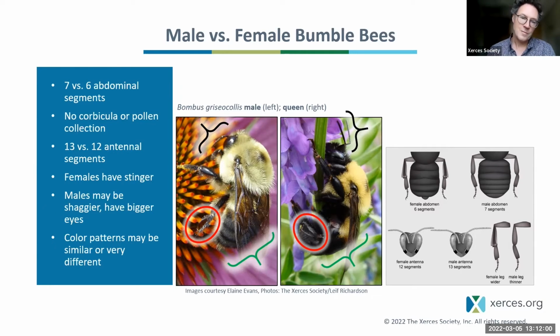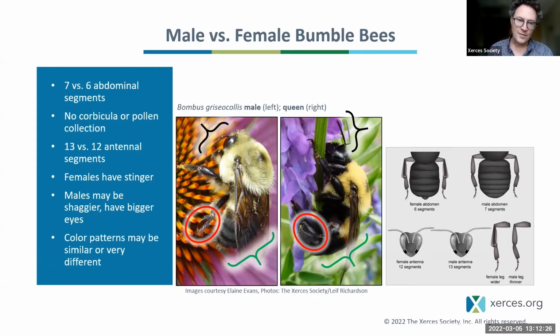The one on the left is male, the one on the right is a female, a queen cast female. In the red circle on the right, you see the female has a pollen basket, a shiny, clear area with these bristles of hairs that arc over it. The male has some area that's shiny, but not as much, and he does not have so much of a set of bristles that covers that up.